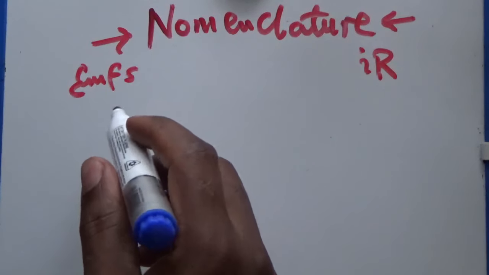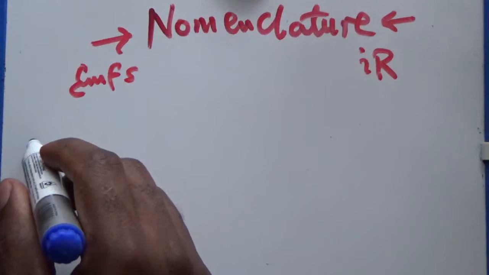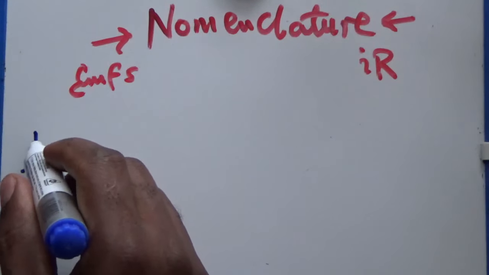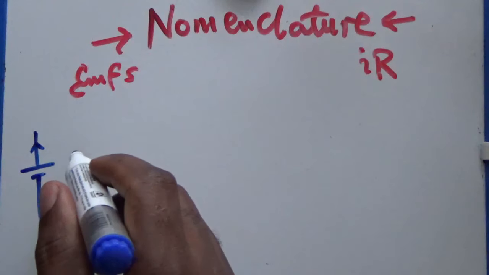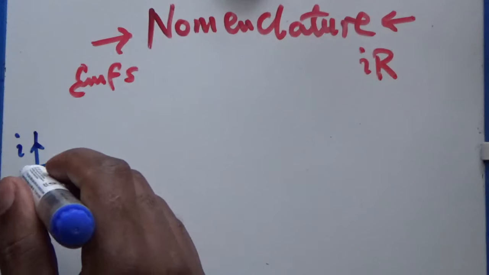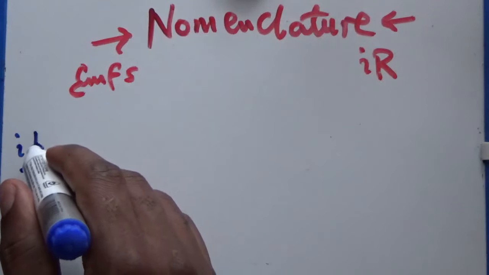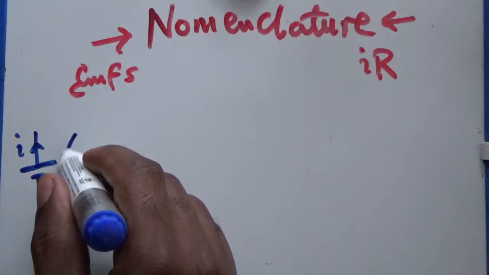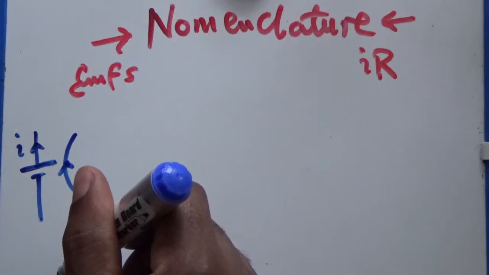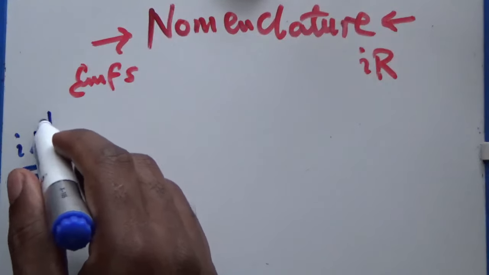For EMFs, the conventional current from the battery emanates from the positive terminal. If this current is flowing in the direction of the loop, then we say that this one is positive.